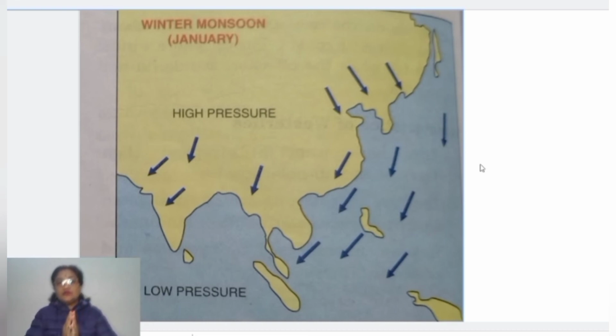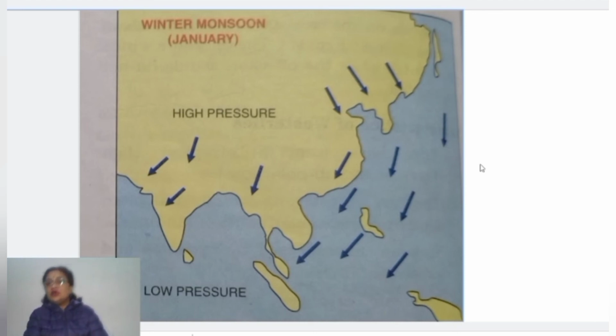Now, what are the features of this particular wind? As we have discussed earlier, local winds are caused because of certain local atmospheric conditions, and these blow in a limited area, a certain part of the landmass. Especially when we talk about the Loo, the first example, Loo is a wind which blows in the northern parts of India, especially the northern plains of India and a part of Pakistan also.